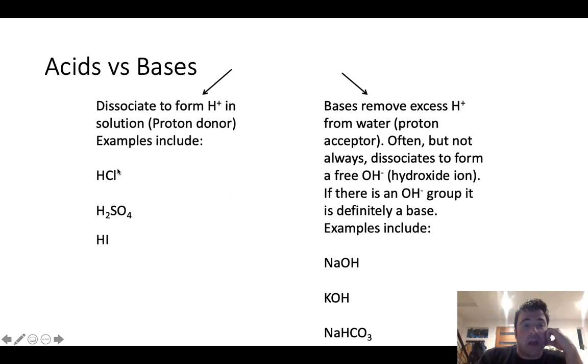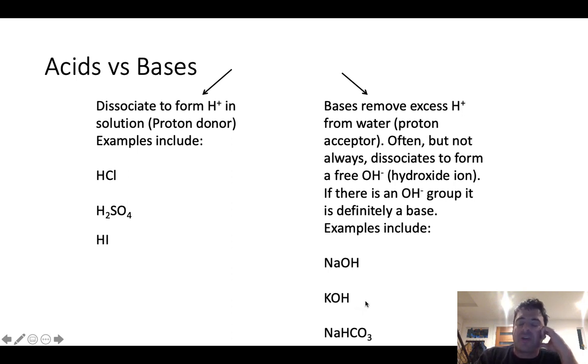Now, when you look at acids and bases, notice the chemical formula of acids. It's not across the board or always true, but they do tend to have this chemical formula in common where they begin with H. Bases, on the other hand, we see the metal linked to the OH. Sodium hydroxide, potassium hydroxide, really strong bases.